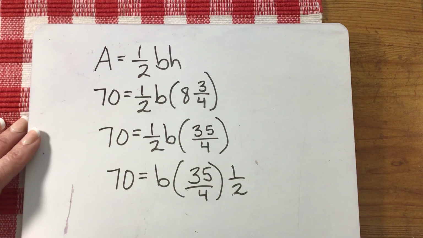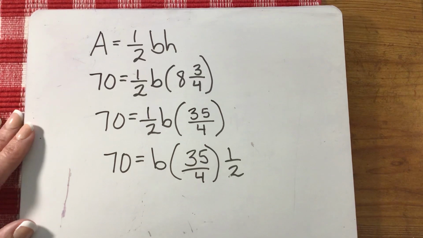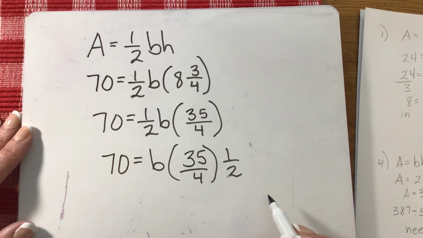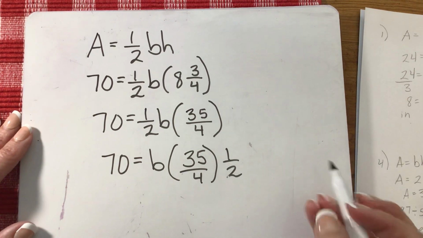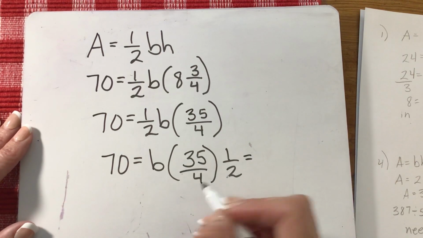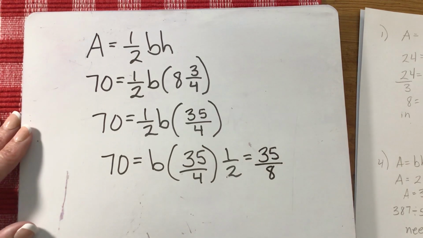Remember, you can also divide it, but I'm going to multiply. Okay? So when I'm doing my multiplication here, you should get, let me make sure I'm doing this right. You should get 35 over 8. Yeah. Multiply. I can't do any cross reducing, so you're going to get 35 over 8.